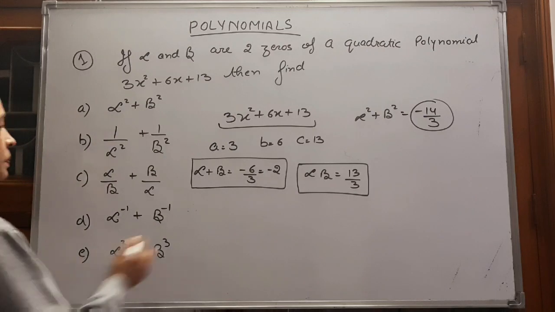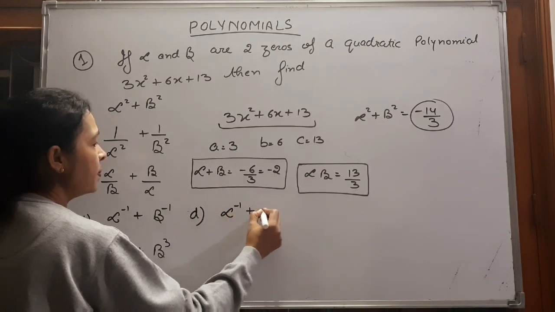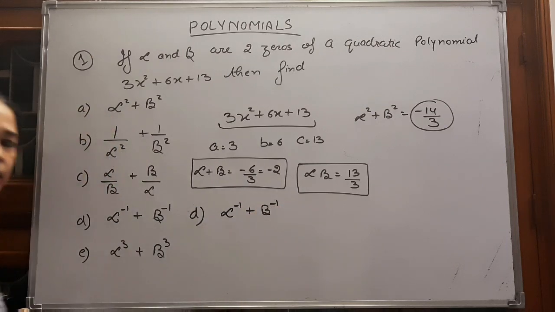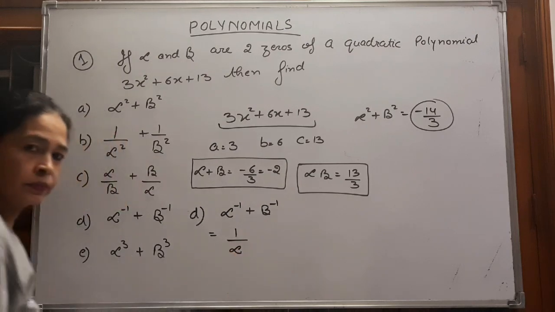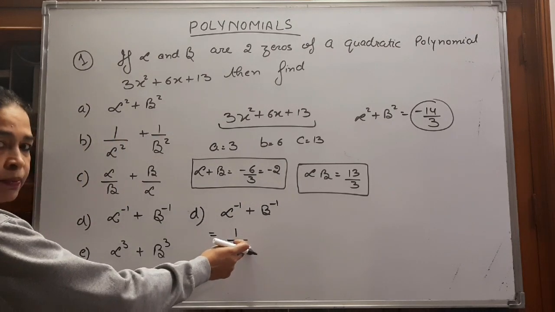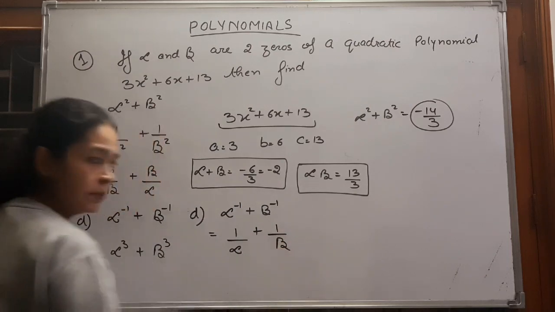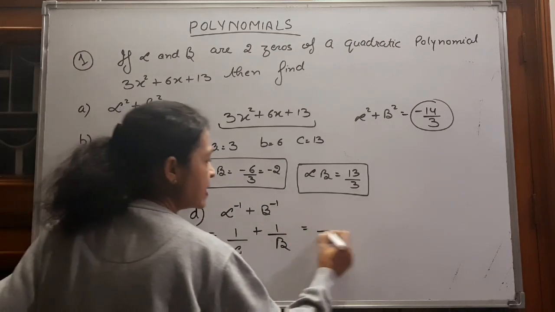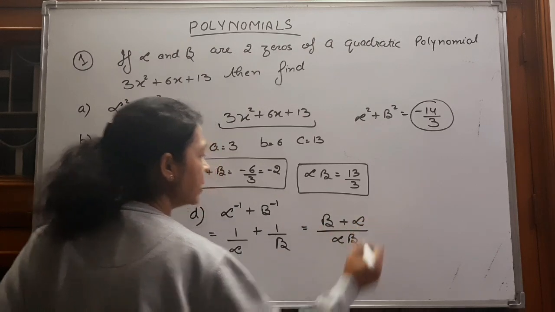Now part 4. We have alpha to the power minus 1 plus beta to the power minus 1. Alpha to the power minus 1 can be written as 1 by alpha, plus 1 upon beta. Taking LCM, alpha beta, we have beta plus alpha in the numerator.